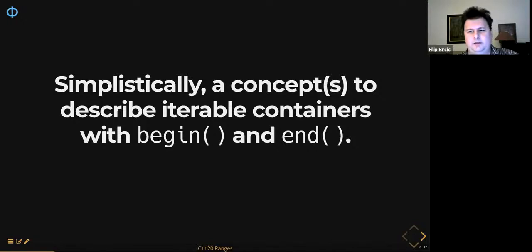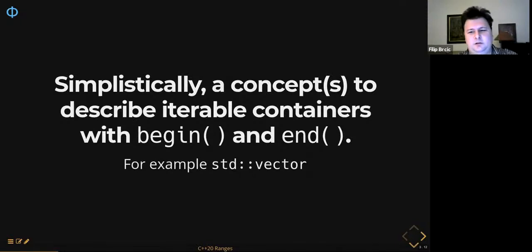I don't know, bidirectional iterator, forward range, random access, and so on. So it's not really one concept, but the general idea is to have something that is iterable and has an iterator for begin and an end. Not an iterator, but we'll get to that later.